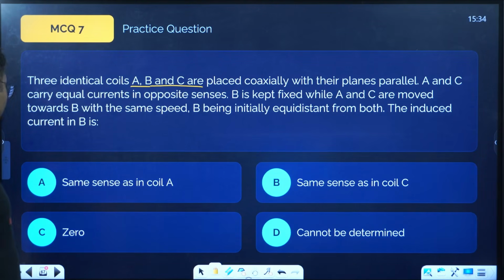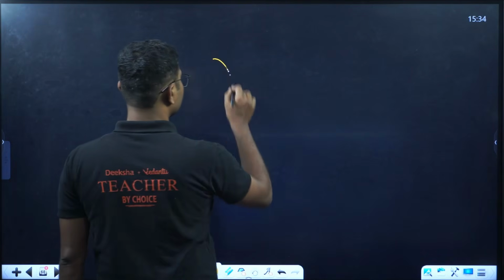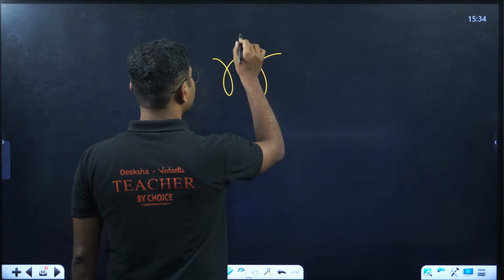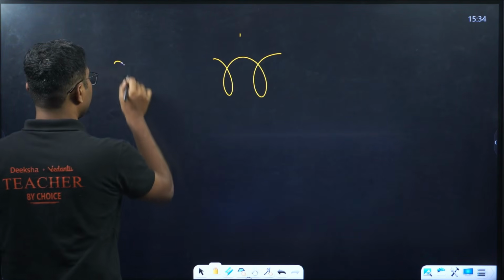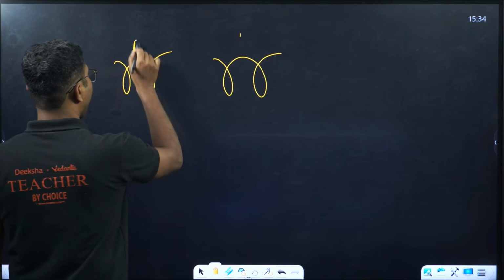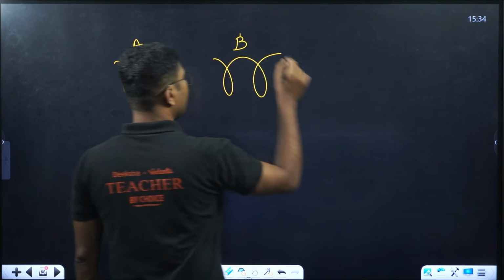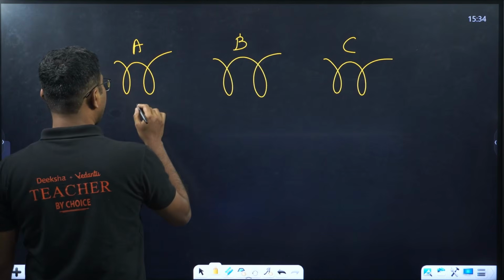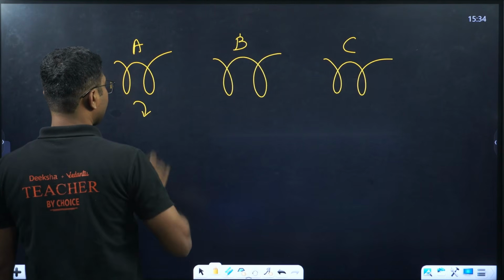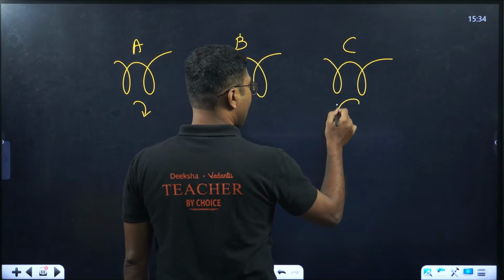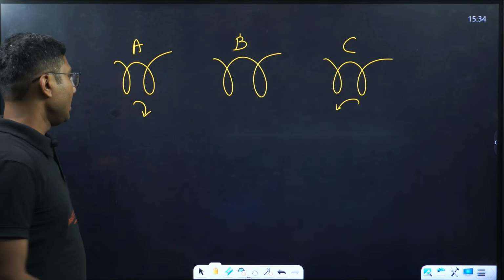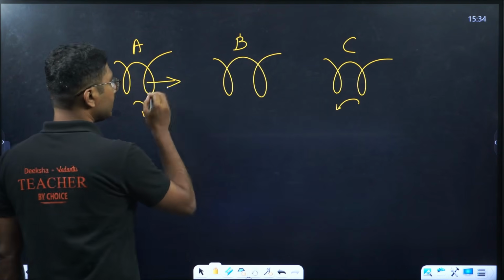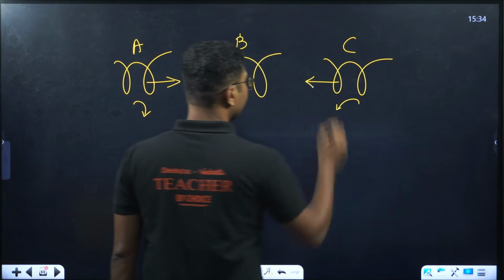So this is coil A, this is B, this is C. Suppose this is carrying current in the clockwise direction, this is carrying current in the anti-clockwise direction. Both are moving towards B with a constant speed.